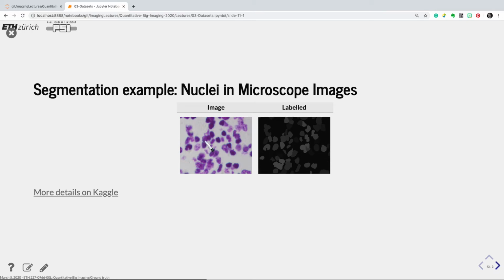Could be different types of nuclei here. Some have a certain property and you want to identify which property each nucleus has. Well, cells and nuclei are not my thing actually, so I can't really tell what the properties are there. But anyway, that is something you can look at within these images.